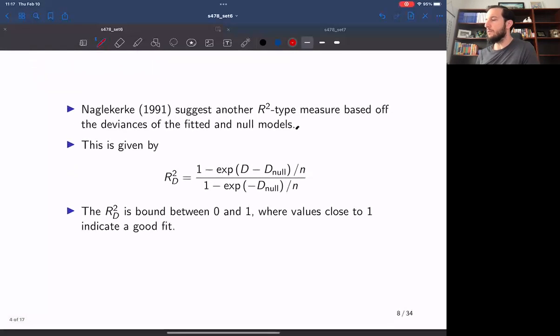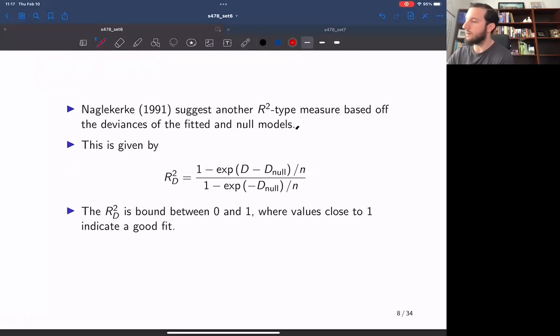Okay, so there's another type of r-squared measure that we can utilize to compare our models. Similar idea to the original measure. I call this the r-squared subset D measure. So this is an r-squared based off the deviances. You can see here what we have is 1 minus exp of D minus D null.